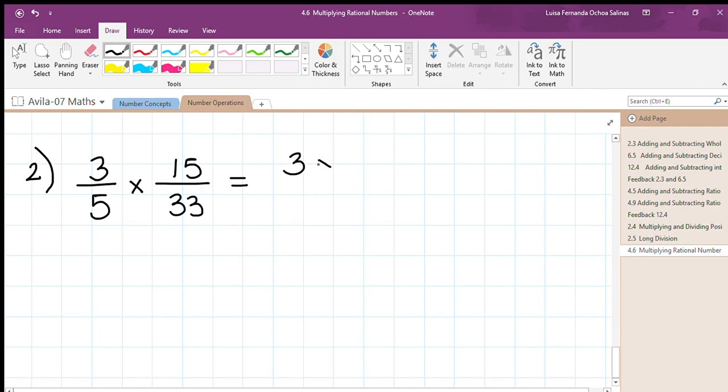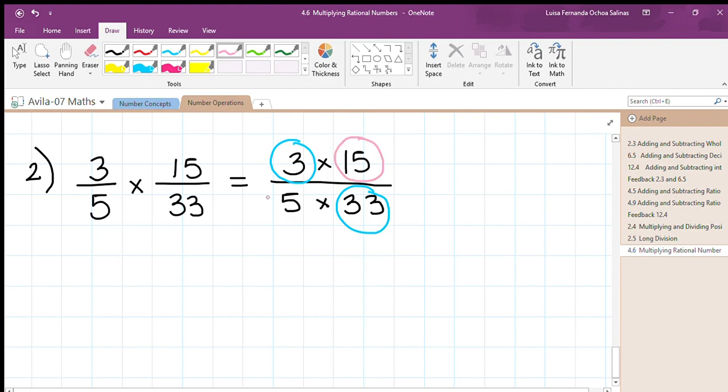We multiply the numerators over multiplying the denominators. Some of you might already be seeing what is happening here. Let's look. I can simplify this 3 with this 33, and I can simplify this 5 with this 15.